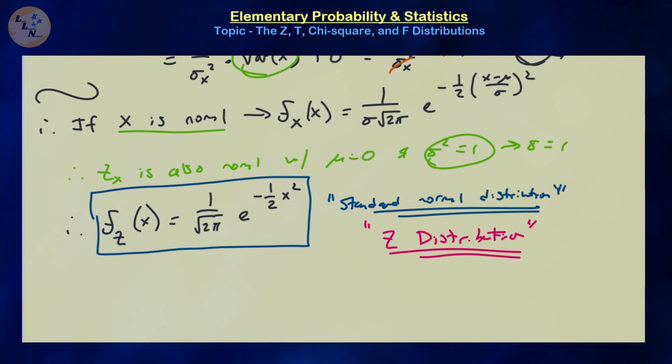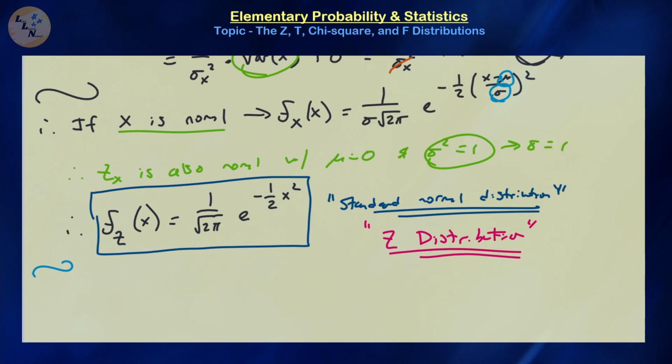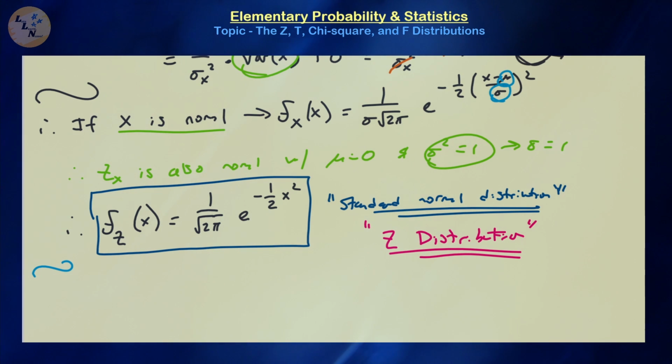Now, what is the purpose of the z distribution? Keep in mind, even though we do not necessarily know what the mean and the sigma of a distribution are, we could always find the distribution of the z-scores as long as we know that the original distribution is normal. Therefore, we can always use distributions on the z-scores even though we do not know the domain parameters, okay?